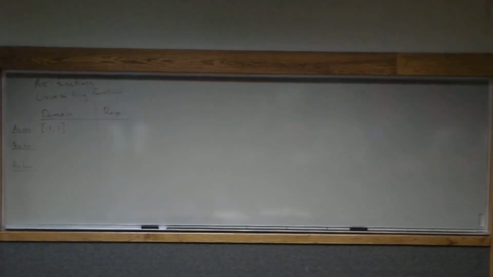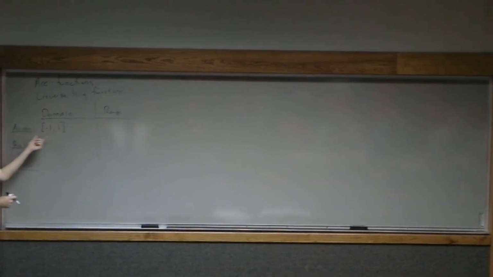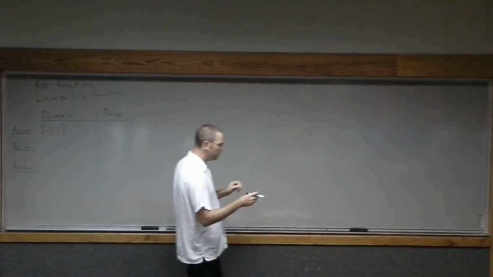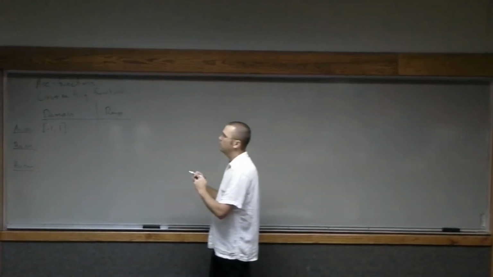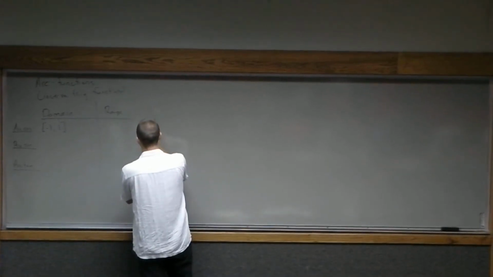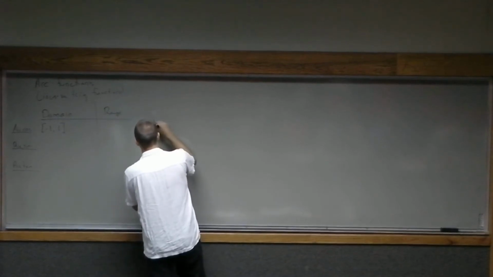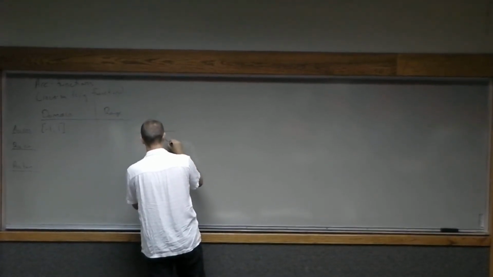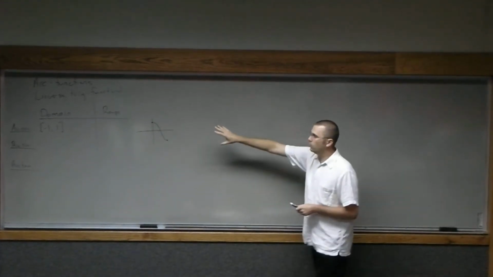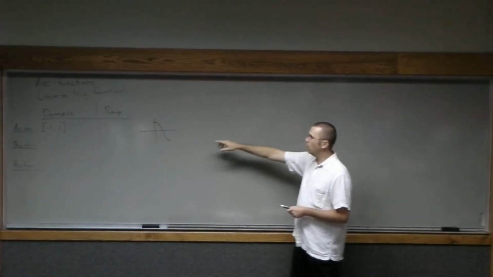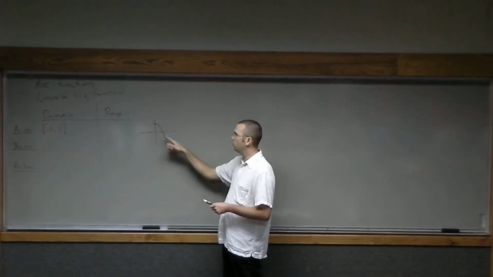Okay, now we need to think about the range. The range of the arc cosine function is going to be the input values that we're allowed to use for a cosine function. But we need to remember we're only allowed to use part of the cosine function, because we need a one-to-one function in order to have an inverse. So when we're working with the arc cosine, we're only restricting ourselves to the portion of our cosine graph that looks like this.